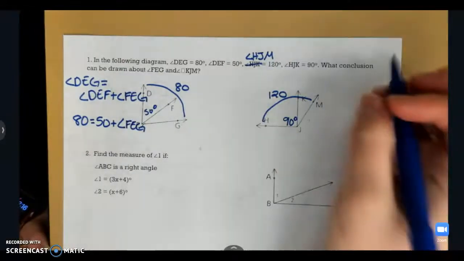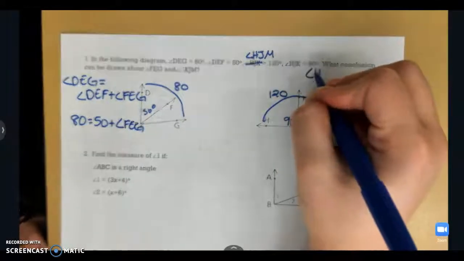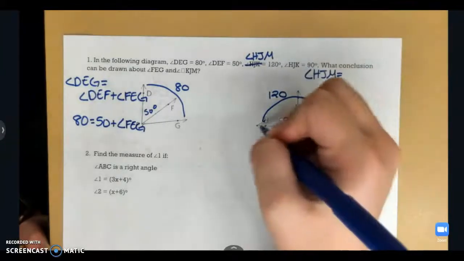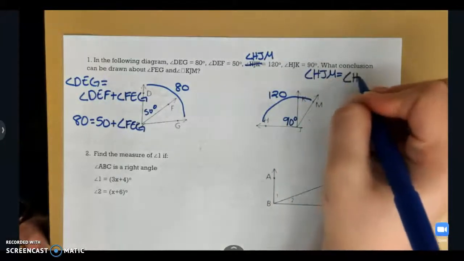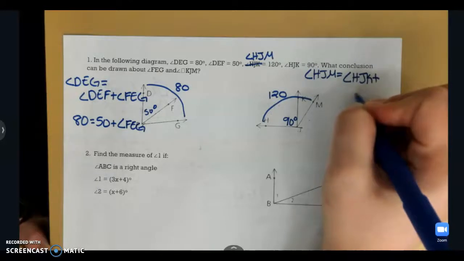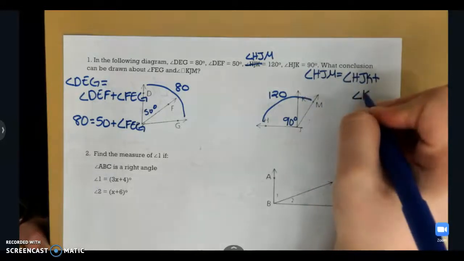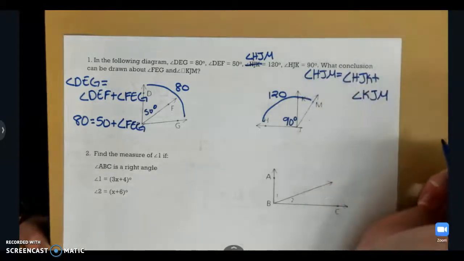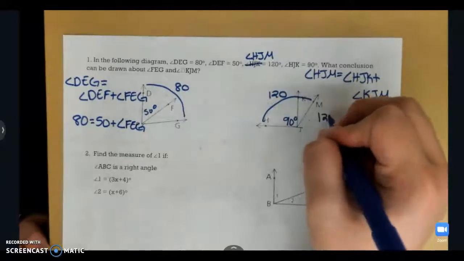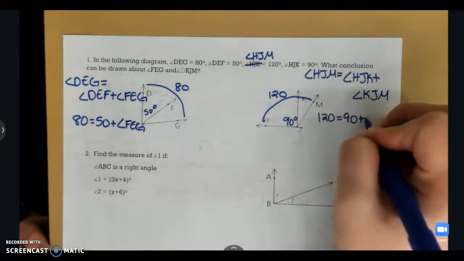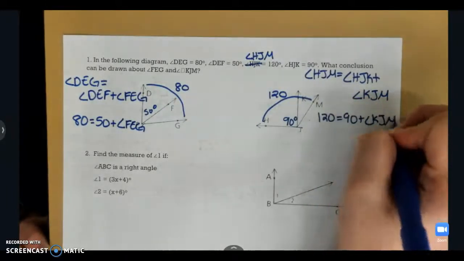And on the other side, angle HJM is equal to the sum of angle HJK plus angle KJM. So that's 120 would be equal to 90 plus whatever the angle of KJM is.